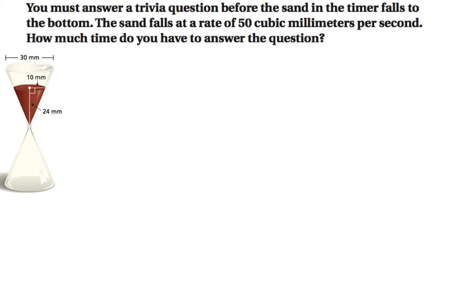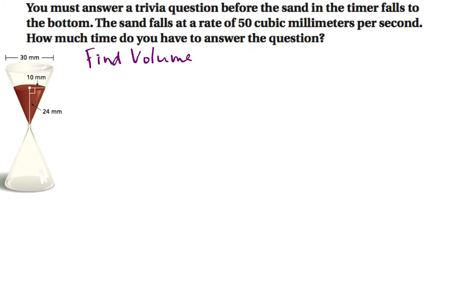Okay, in this multi-step problem, the difficult part of these problems is planning things out. If we want to know how long it will take for all of this sand to trickle down into the bottom, we need to know how much sand we're starting out with. The amount of sand we start with is the volume. So we're going to need to find the volume of the sand.